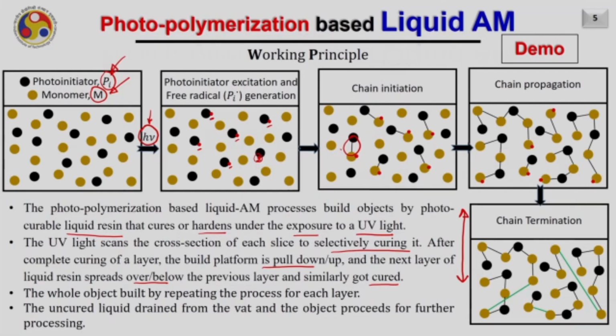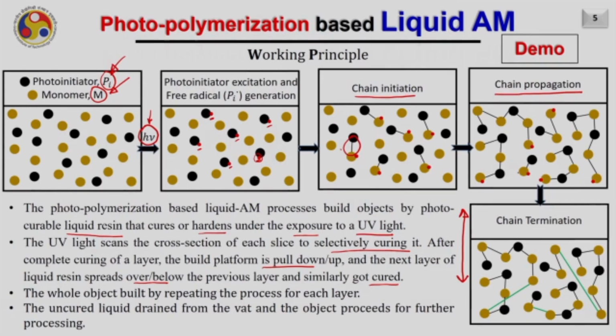This chain keeps on transferring from the photoinitiator to the neighbor monomer, and the chain keeps on propagating. The phenomenon of propagating the chain is called chain propagation, and when the first bond is formed, the process is called chain initiation.